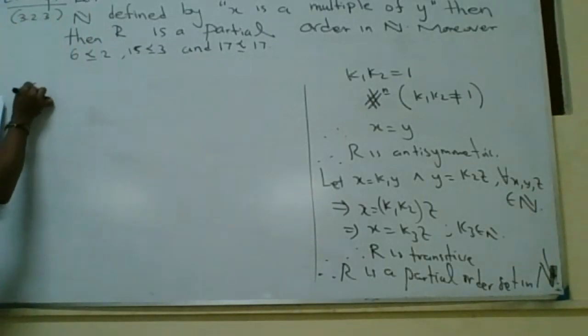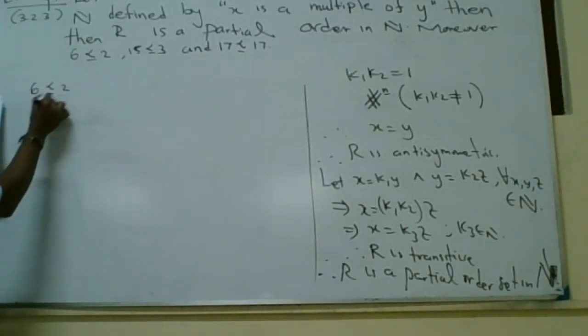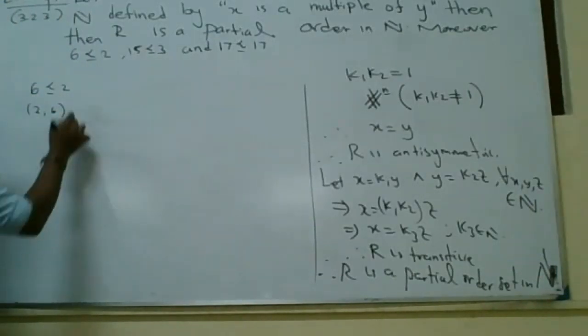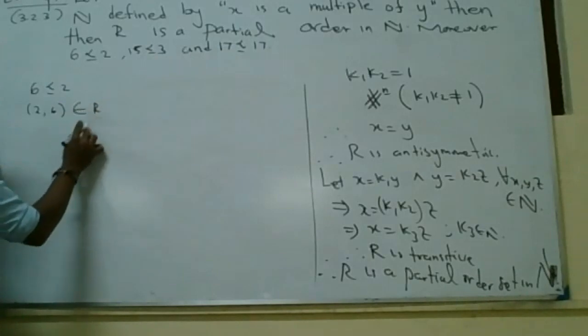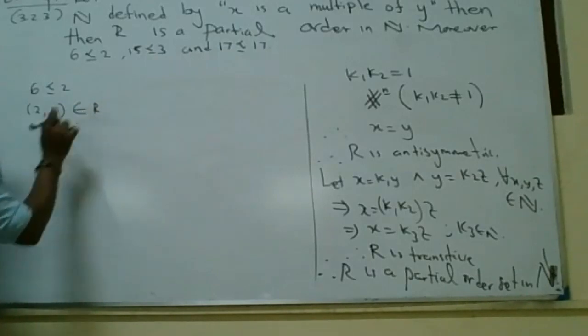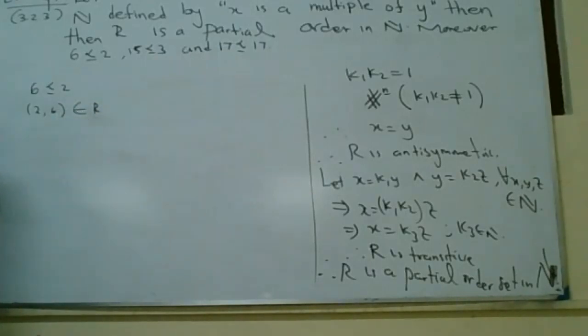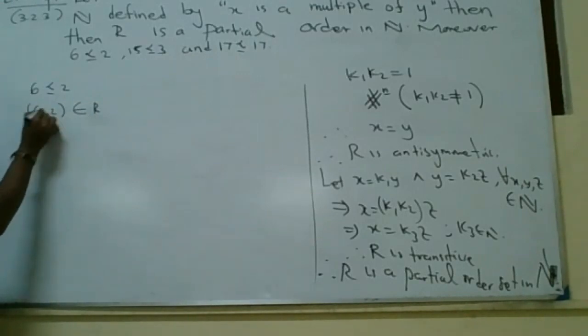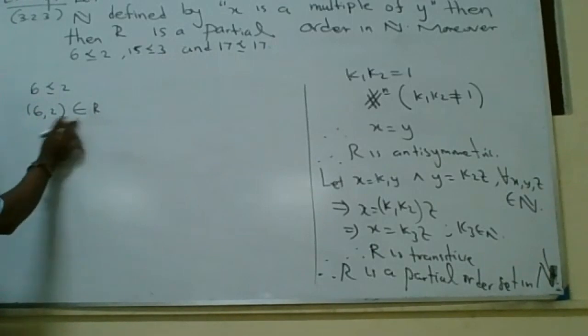Here, 6 precedes 2 means that the pair (6, 2) belongs to R. Is it okay? Belonging to R means it satisfies the condition, so (6, 2) is an element of R.